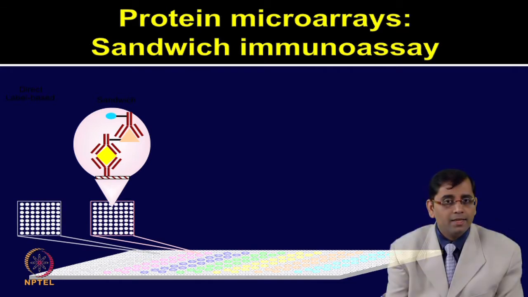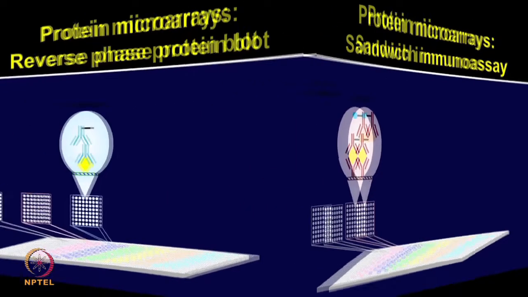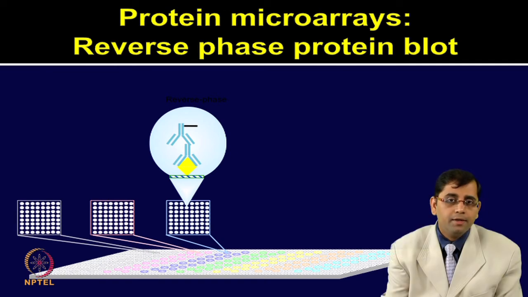The sandwich immunoassay is one in which the target protein is captured by an antibody, followed by detection using a labeled secondary antibody. In the reverse phase protein array method, a complex mixture such as cell lysate is printed and probed with specific detection labels.